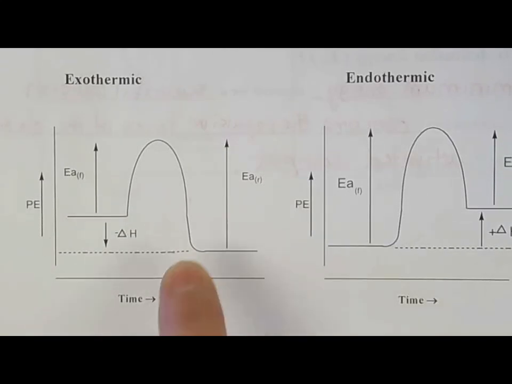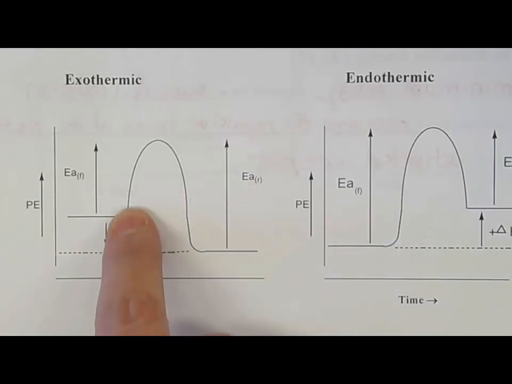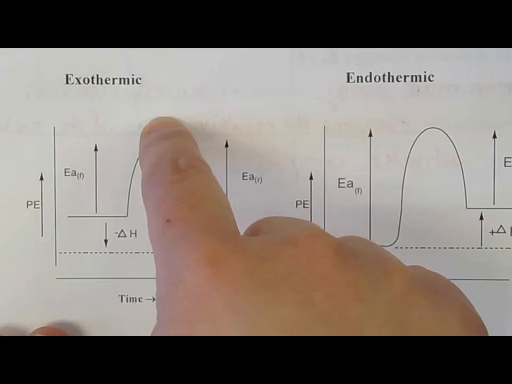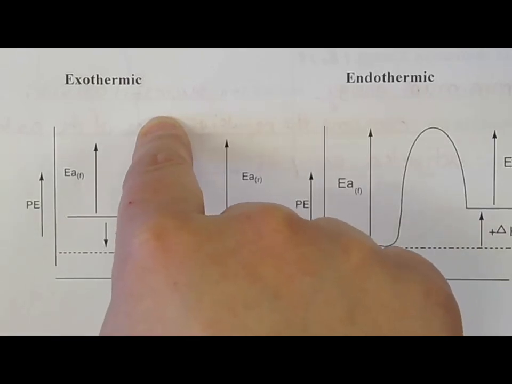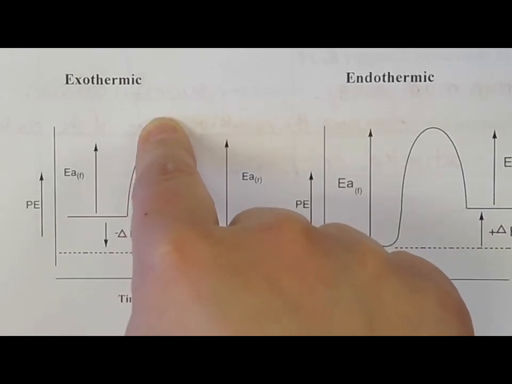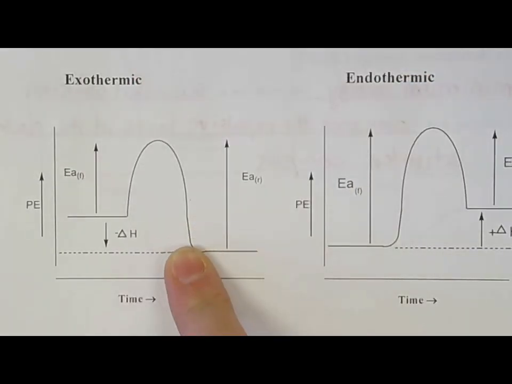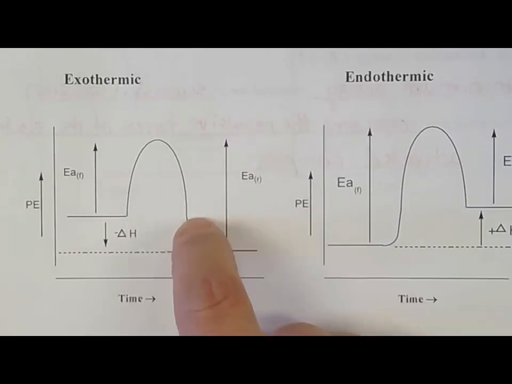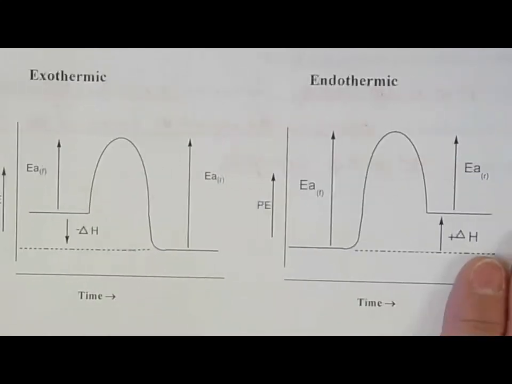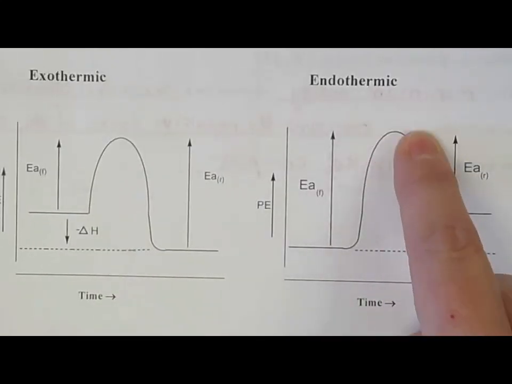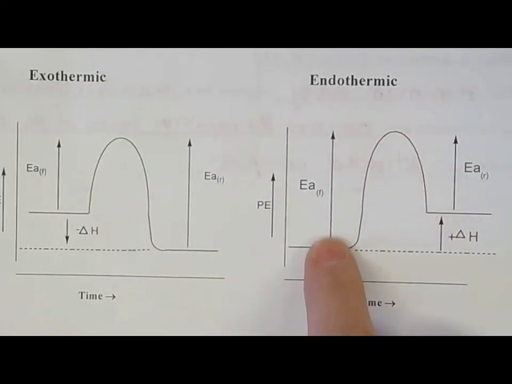What it means is I need to increase the energy here, and then once it's hit the minimum amount of energy required, the activation energy, then it will release its energy. And if it releases more energy than I put in, then it's exo. If it releases less energy than I put in, it is endo.